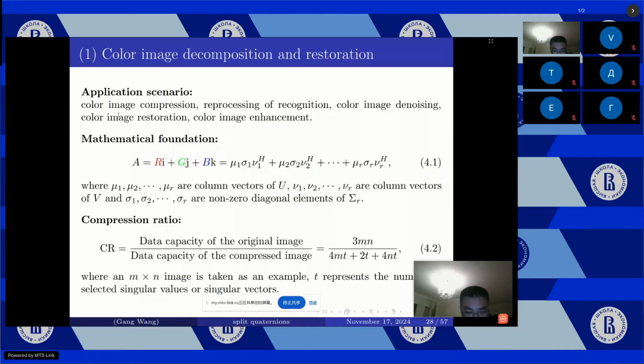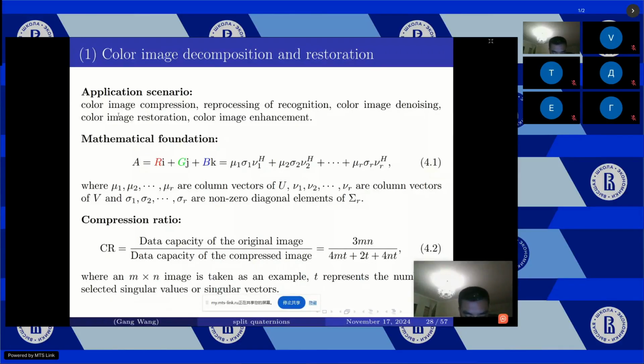The image is then decomposed into a sum of rank 1 matrices, each constructed from column vectors mu1, mu2, mu-r of matrix U, and column vectors nu1, nu2, nu-r of matrix V, scaled by the corresponding non-zero diagonal elements sigma 1, sigma 2, sigma-r of matrix sigma.